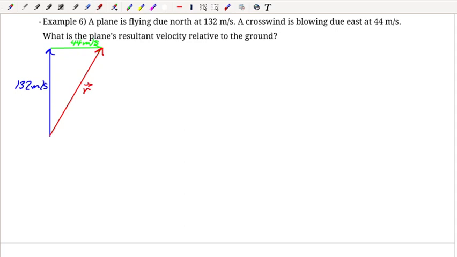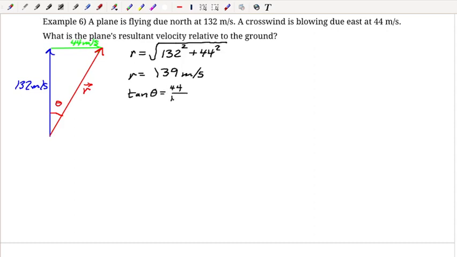Again, to find my magnitude, I'm going to use Pythagoras, so square root of a squared plus b squared, so 132 squared plus 44 squared. So that would get me 139 meters per second. And I want to find always the angle at the tail where I started my initial. So that's going to give me a tangent of theta equals 44 over 132.